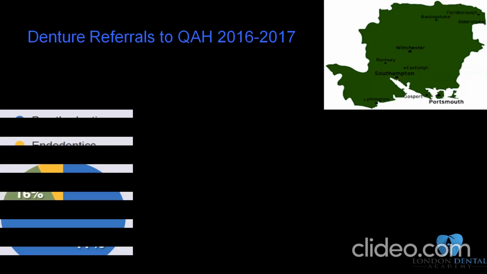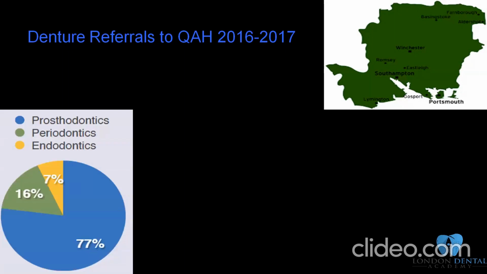We would say probably 1.5 million people live in our catchment area, and we serve them on a daily basis. We looked at the referral system, and we found that most of our referrals, almost three quarters, came under the umbrella of prosthodontics.